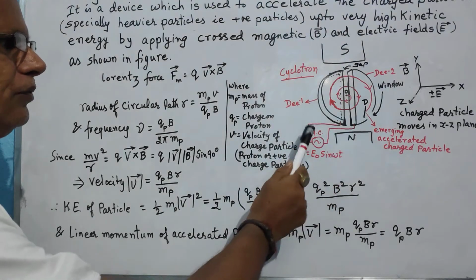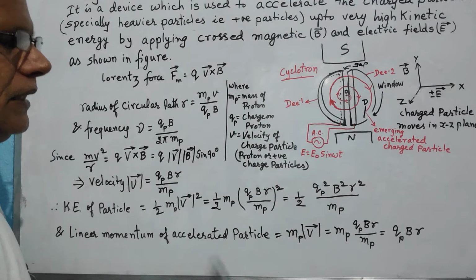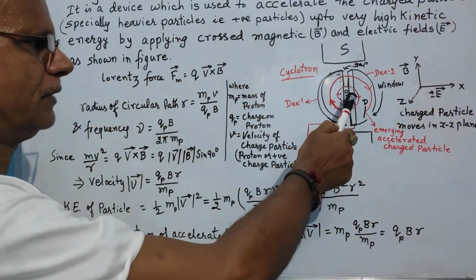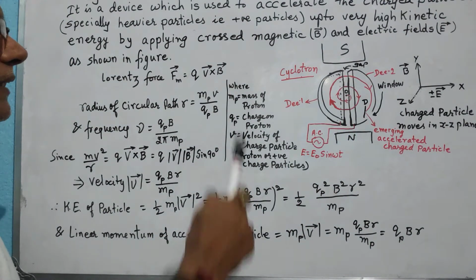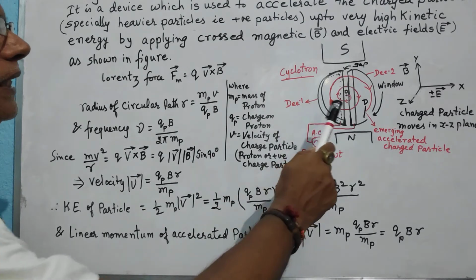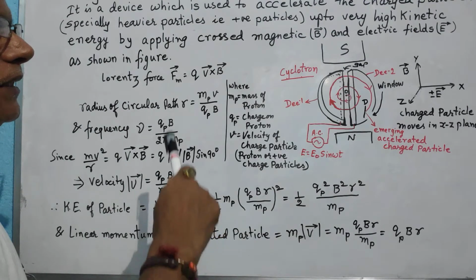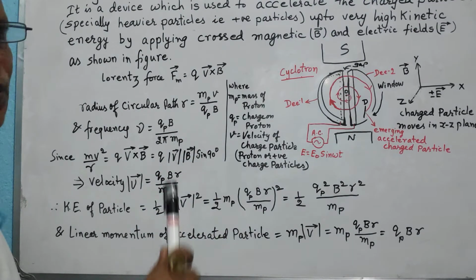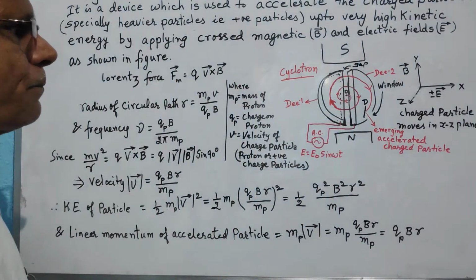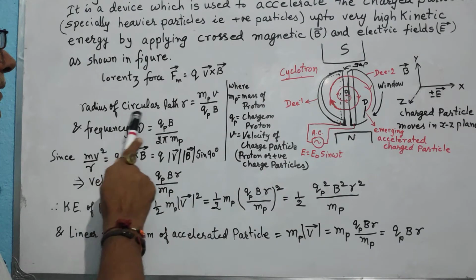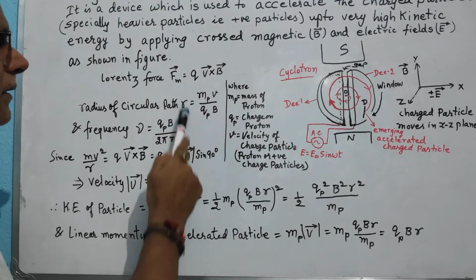The time in which the polarity of the alternating source changes is the same time in which the charge is made to reach the gap of the D. That way, each time the charged particle enters the gap, it is accelerated, and each time it enters the D area, it is forced to move on a circular path, but with a greater radius, and as a result it will follow a path having a radius equal to this much.